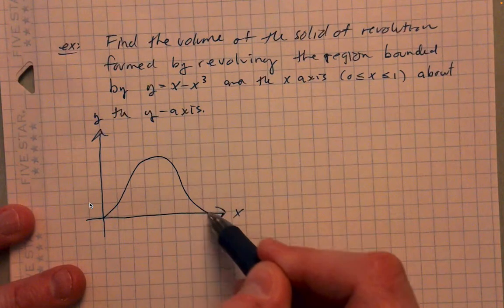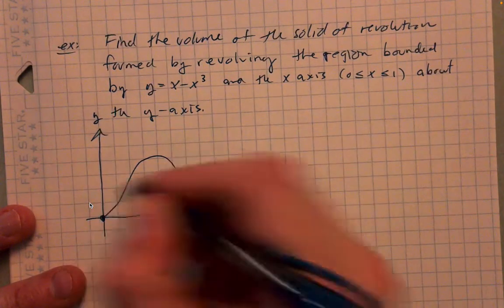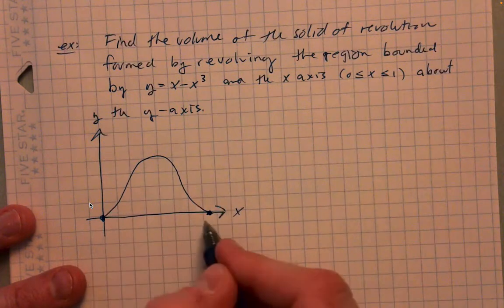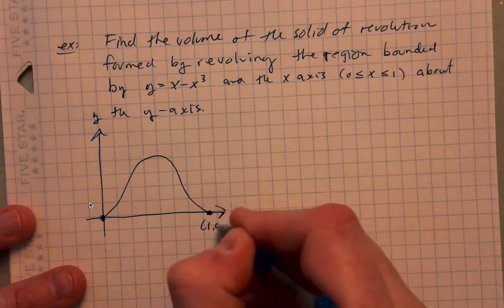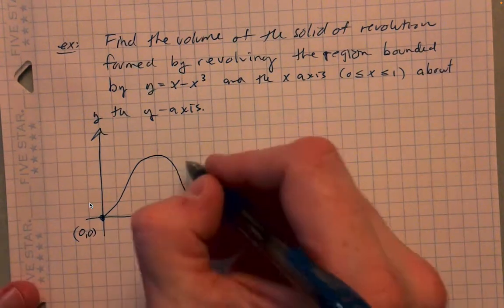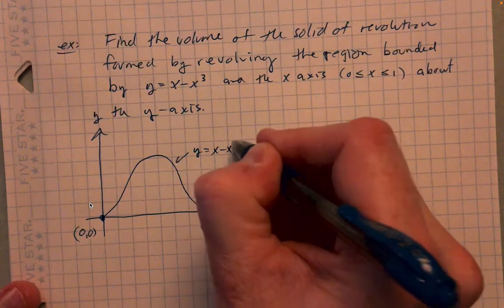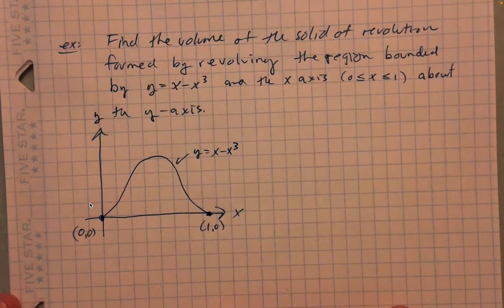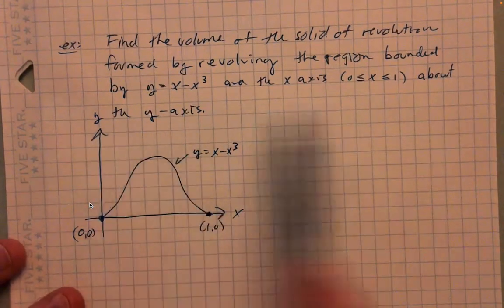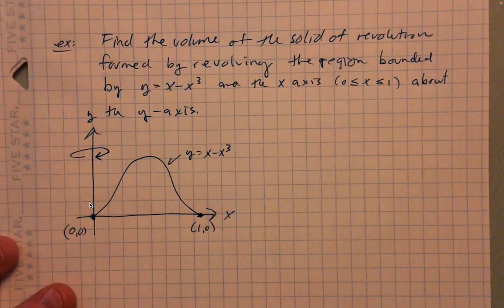It kind of comes up and goes down, specifically on the interval from 0 over to 1. Now, we're going to rotate this around the y-axis. Okay, so it's going to look like that.